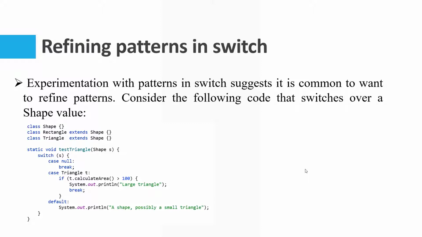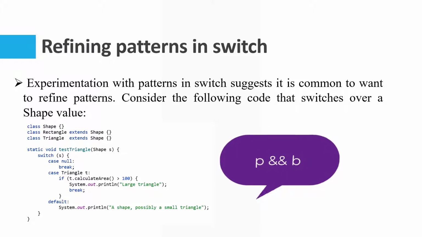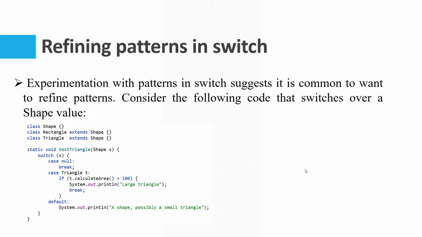However, there is a more expressive approach. Rather than extend the functionality of case labels, we can extend the language of patterns themselves. We can add a new kind of pattern called a guarded pattern, written P && B, that allows a pattern P to be refined by an arbitrary Boolean expression B. With this approach, we can revisit the test triangle code to express the special case for large triangles directly.